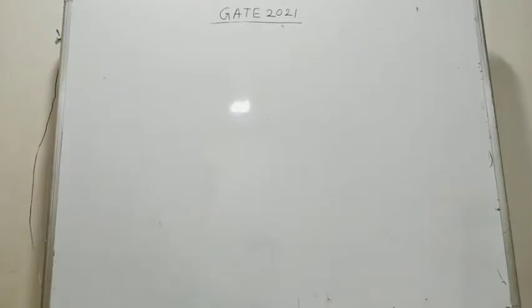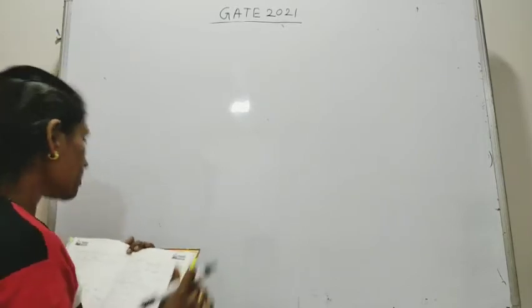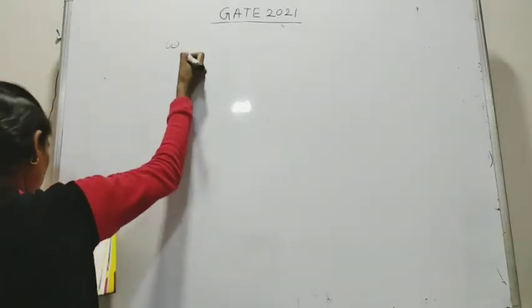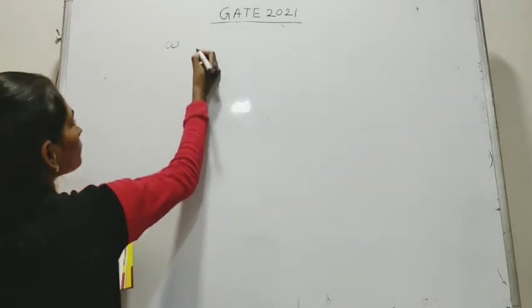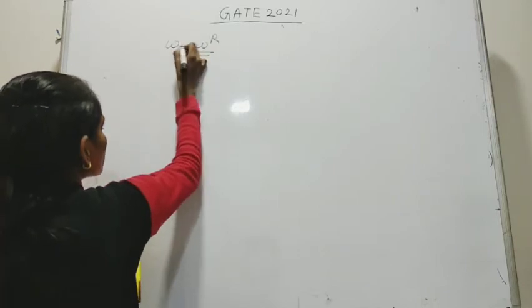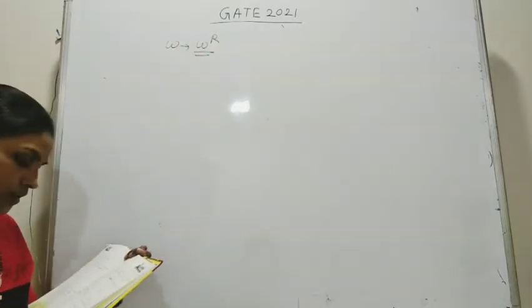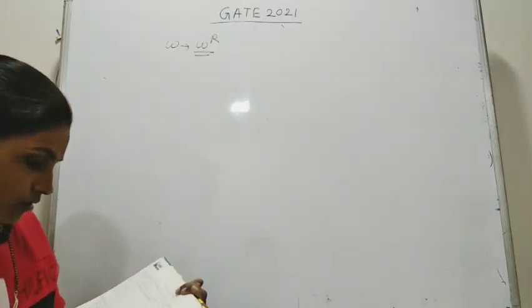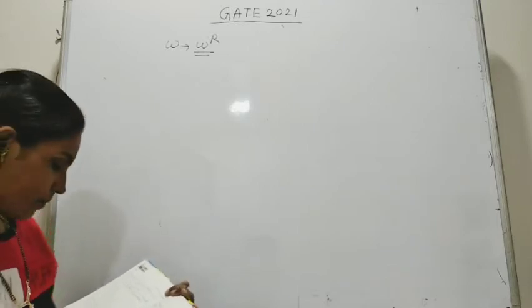In the next question, again a question on TOC, the context-free language. We are given W is a string and WR is the reverse of this W. Which of the following is the CFL?